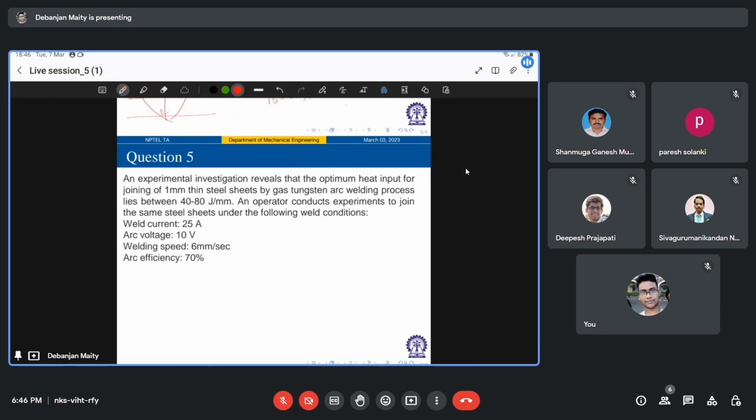Here it says that an experimental investigation reveals that the optimum heat input for joining 1 mm thin steel sheets by gas tungsten arc welding process lies between 40 to 80 joule per mm, and an operator conducts some experiments to join the same steel sheet under the following welding conditions.